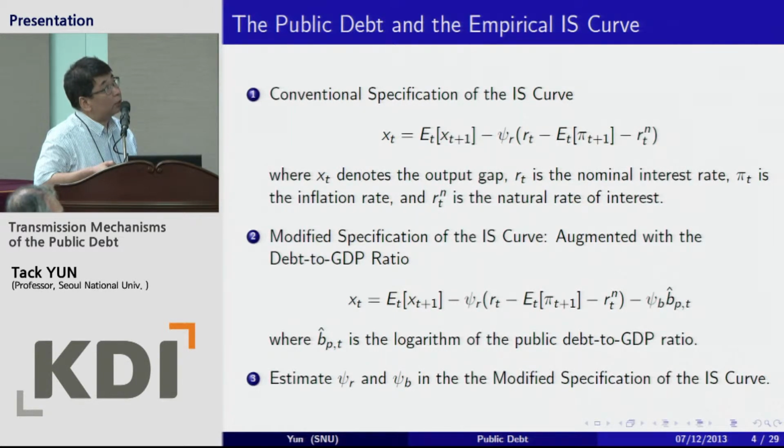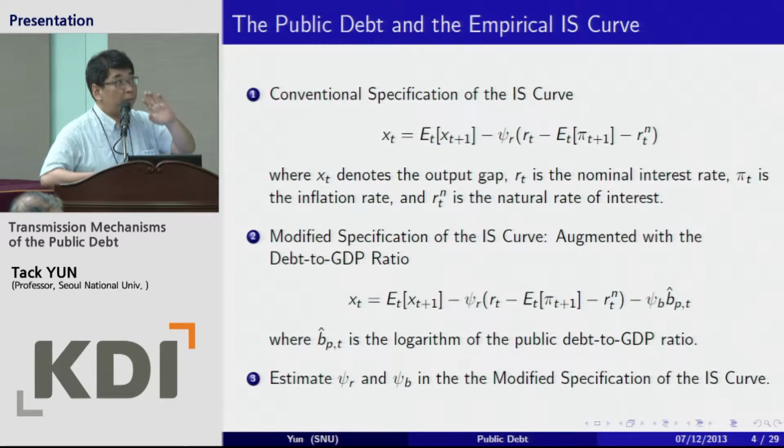So in this specification, the expected value of the future output gap affects current aggregate demand. Also, the aggregate demand that is measured by x_t depends on the real interest rate. So r_t is the nominal interest rate, pi_{t+1} is next period expected inflation, and r_t^n is just the natural rate of interest.